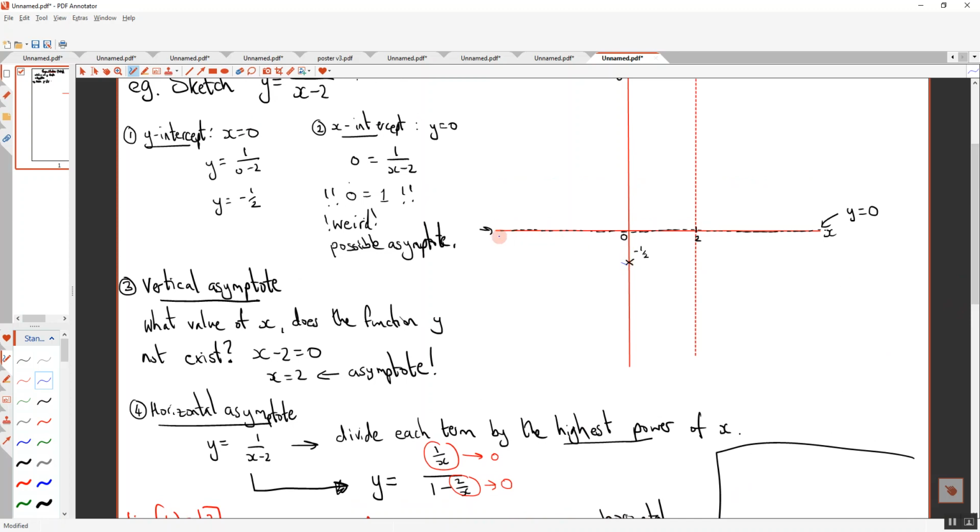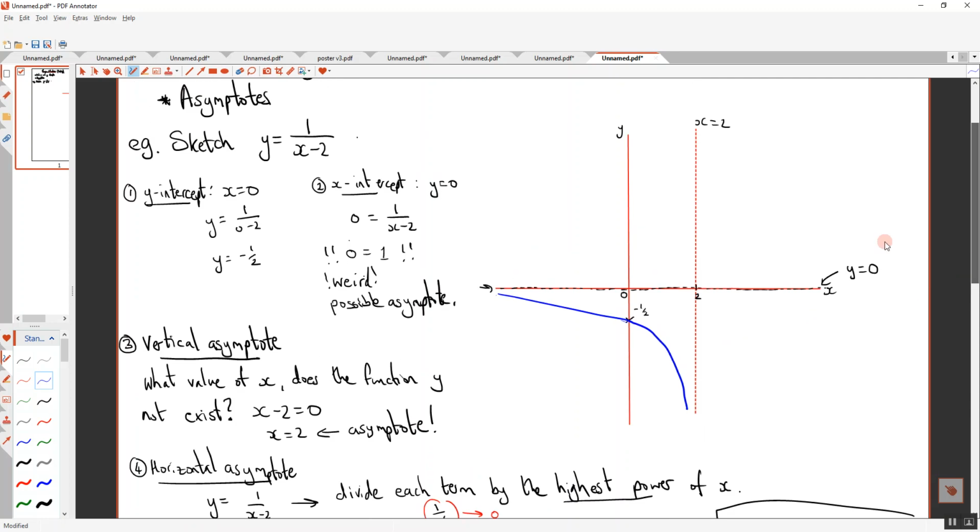Does it touch this line? Nope, it gets closer. So it's going to go, and excuse my drawing here, it's going to get closer. Do not let it touch or you'll lose marks. It has to go through that point, and it's going to curve down. It doesn't touch that line. And then on this side, it's also going to do the same thing. It's going to be close to that line, that asymptote. Curve down, make it nice and smooth. And it looks like that, okay?